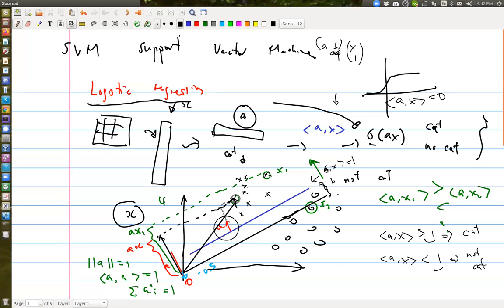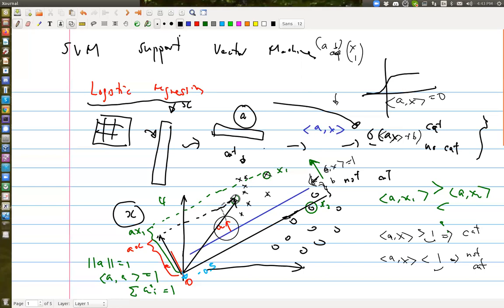I think it's not very important, just a remark. In my notes for the SVM part, I did explicitly put down the bias. There's a bias to shift the sigma function. What I mean is that the decision is something like ax plus b, to decide whether it's a cat or not a cat.